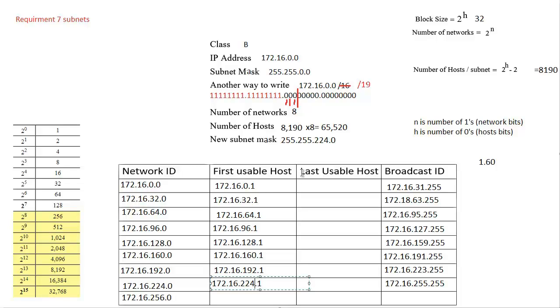And now, what is the last usable host for this network? The last usable host for this network will be just before the broadcast, which is 254. And what is the last usable host for this network?